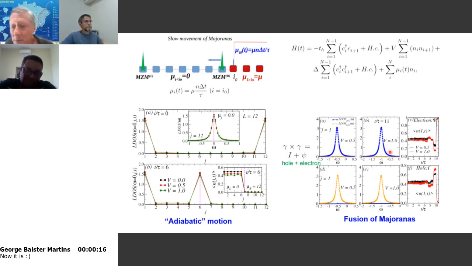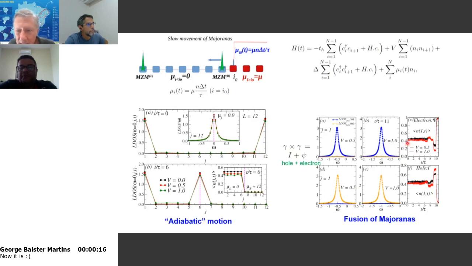But there are things that we don't understand. For example, look at this one. This is time. Essentially, you can relate this to the sites. Zero here means the Majorana you are moving is at the far right. Then you keep on going that way, which means this Majorana is moving this way.